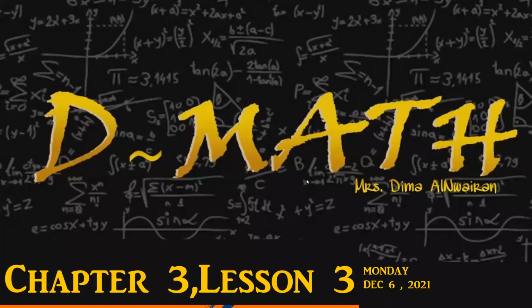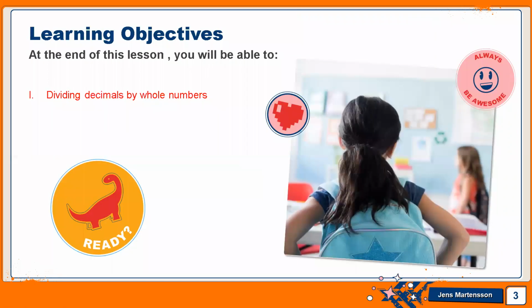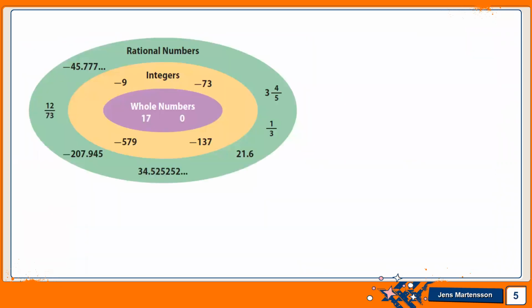Good morning. Let's continue our lesson from yesterday about rational numbers and the number line. Yesterday we said that rational numbers are any numbers that can be written in the form A over B. They include whole numbers, integers, decimals, and fractions, with a positive or negative sign.